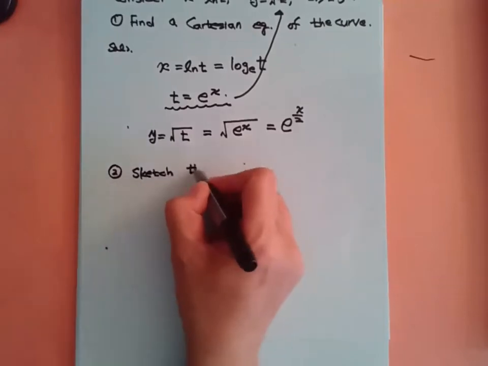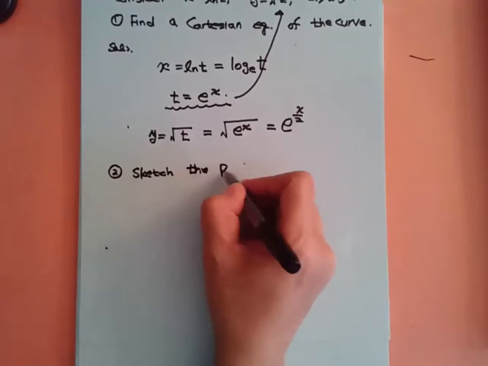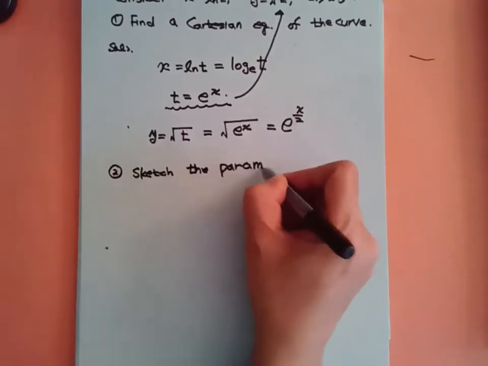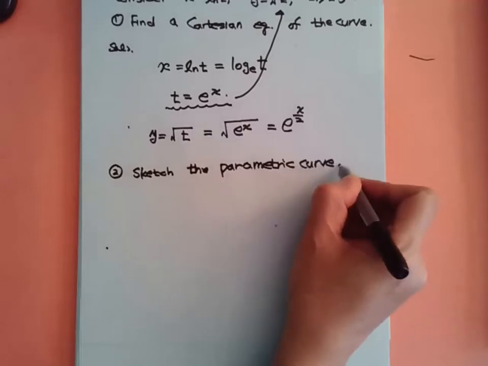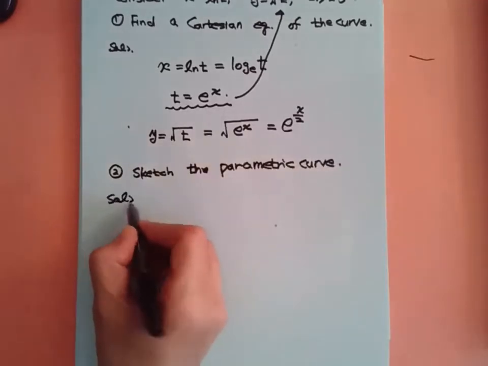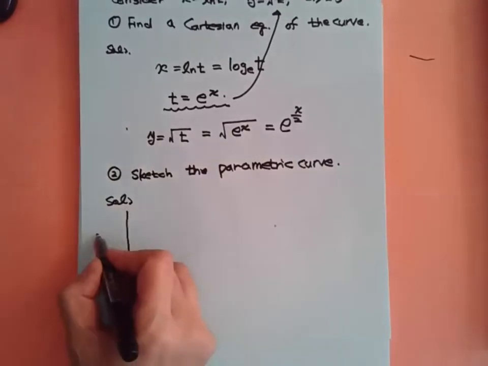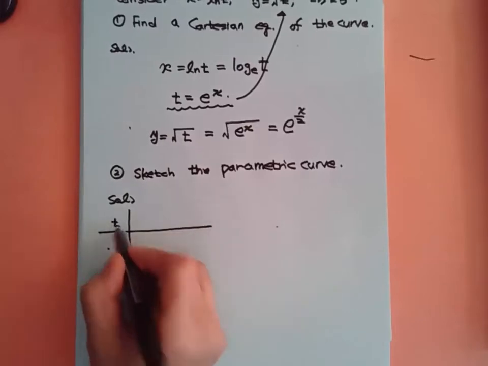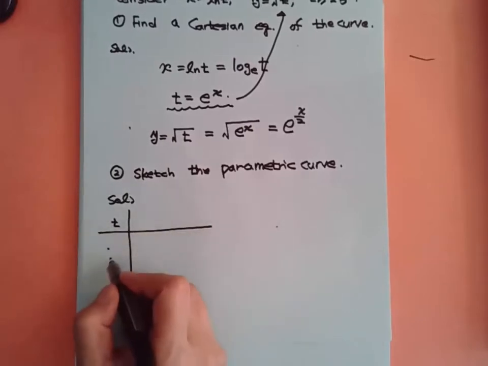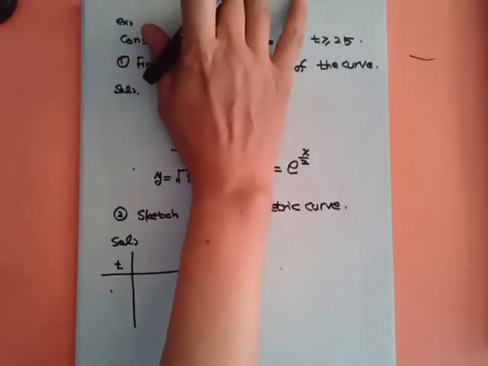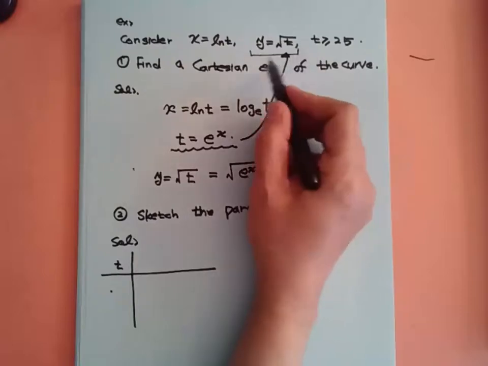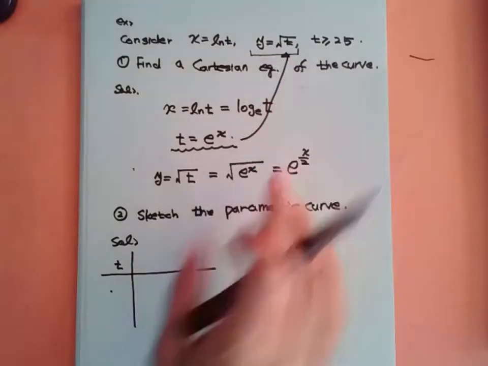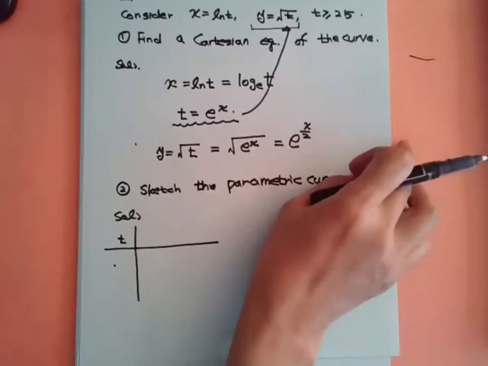Second question is sketch the parametric curve. What you notice is y equals square root of t, and t starts at 25.